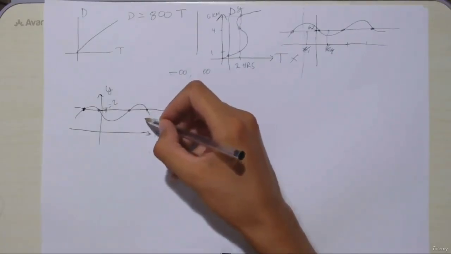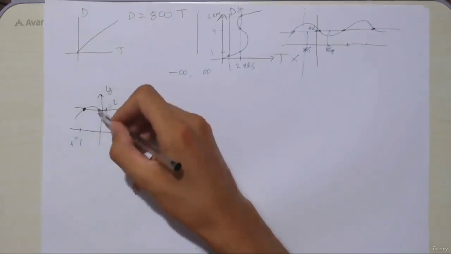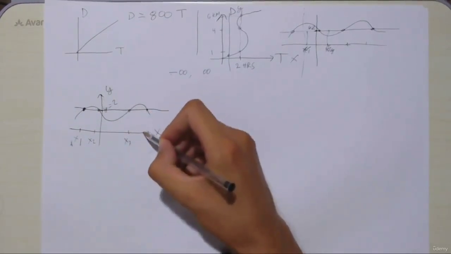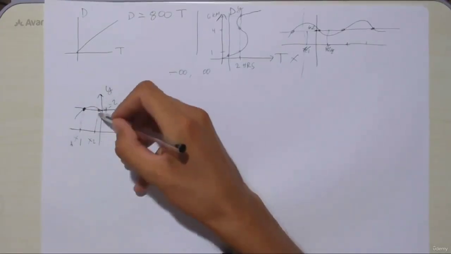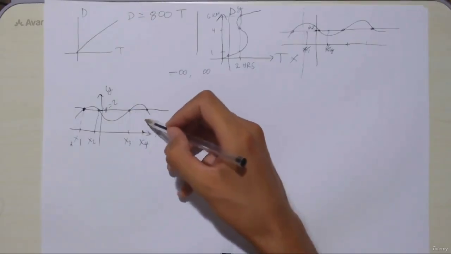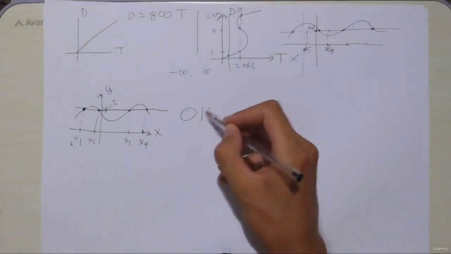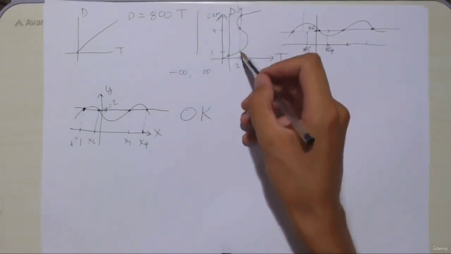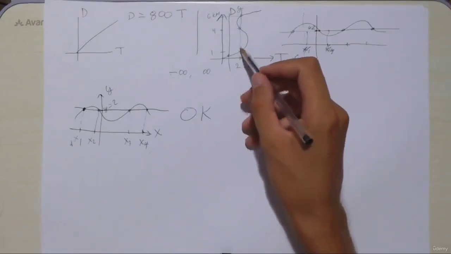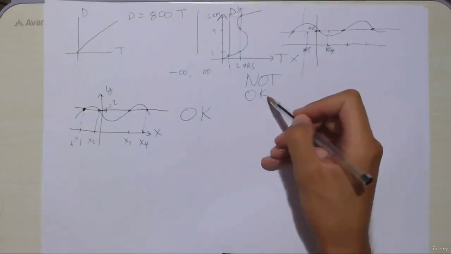That means that many x's, let's say x1, x2, and then x3 and x4, many x's are mapped to that one y, which is y equals 2. So a situation like that is okay. But something like that where one x is mapped to many y's, this is not okay. This is not a function.